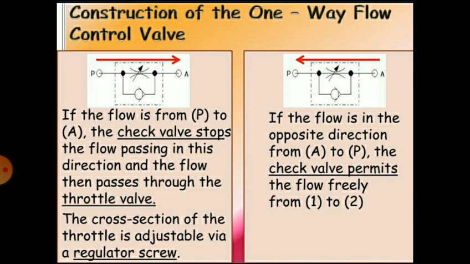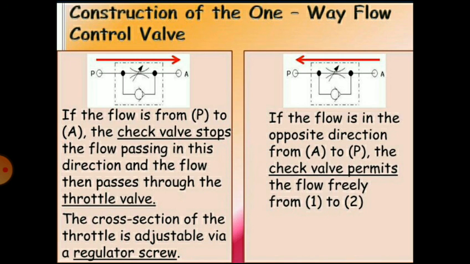So the construction of a one-way flow control valve. The check valve is connected along with the flow control valve or the throttle valve. So you can see in the diagram, if the flow is from P to A, the check valve stops the flow passing in this direction, and the flow then passes through the throttle valve to get the constant speed of the actuator.